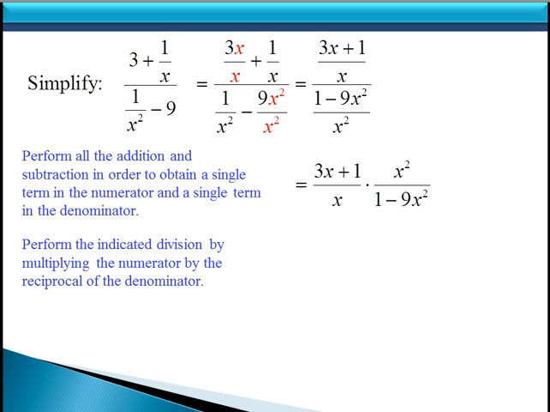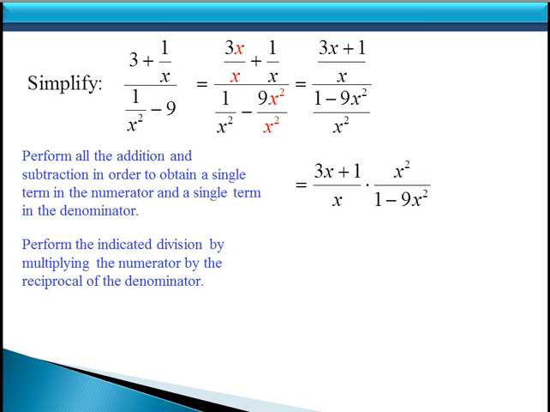Here's the numerator, 3x plus 1 over x, and we're going to multiply that by the reciprocal of the denominator. So we're going to flip that denominator over. So now, to do multiplication of fractions, remember that you want to factor everything, because you might be able to cancel common factors before you actually perform the multiplication, so that you'll have a simplified answer.